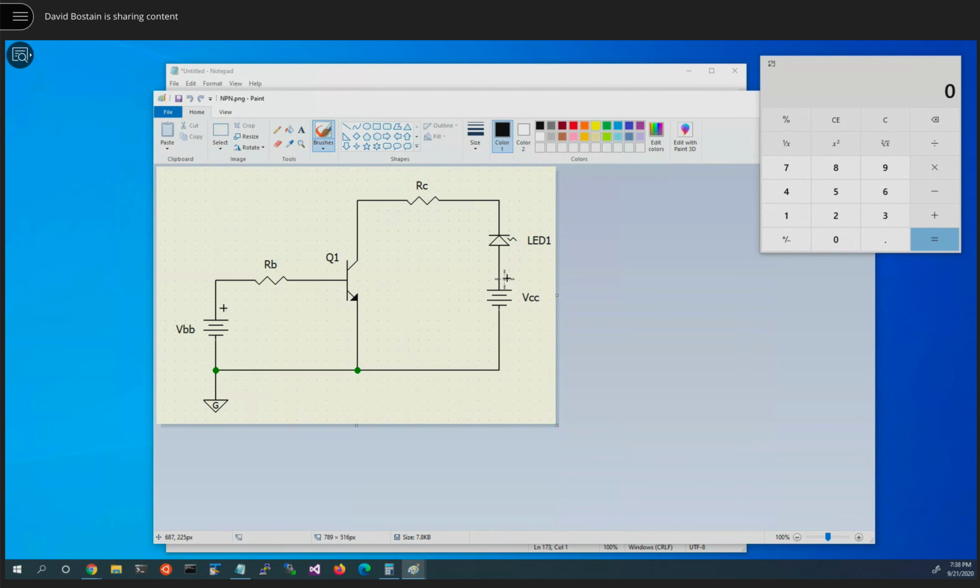It has its own battery this time. The reason for controlling it this way is that if we pretend VBB is really the pin on a circuit board somewhere that can supply either nothing or 5 volts, then the little amount of current it can supply could turn a transistor on, but wouldn't be sufficient to turn on an LED.